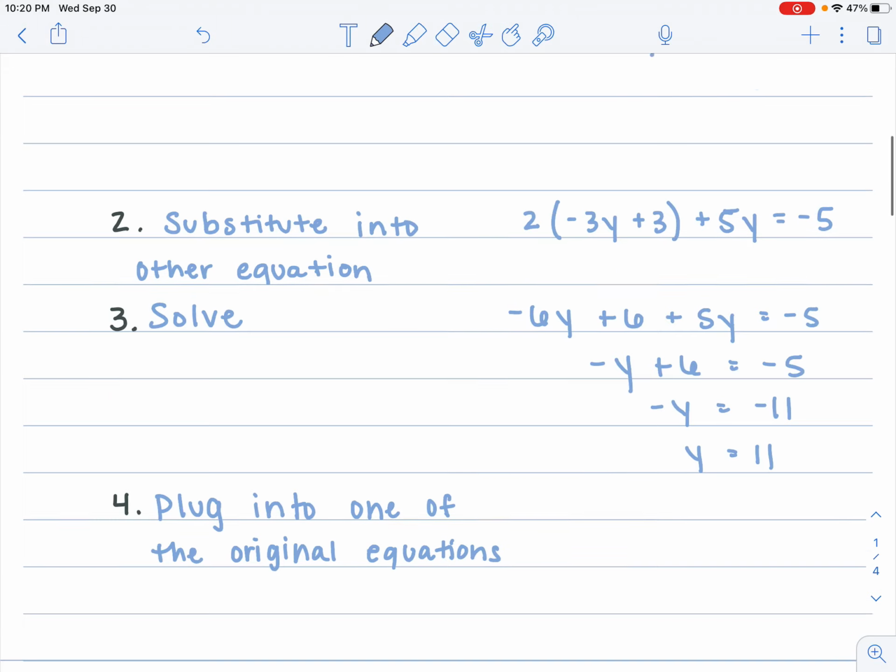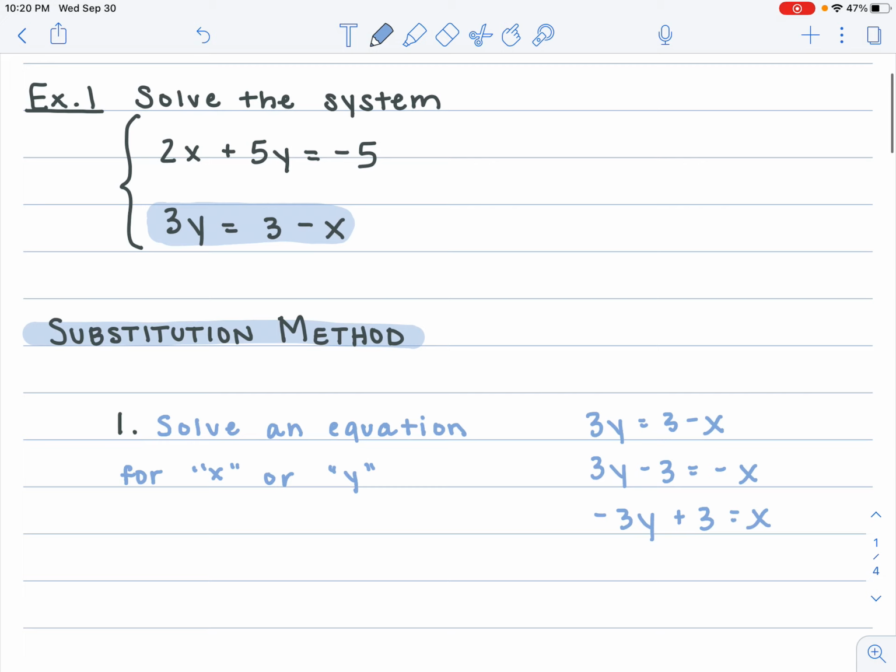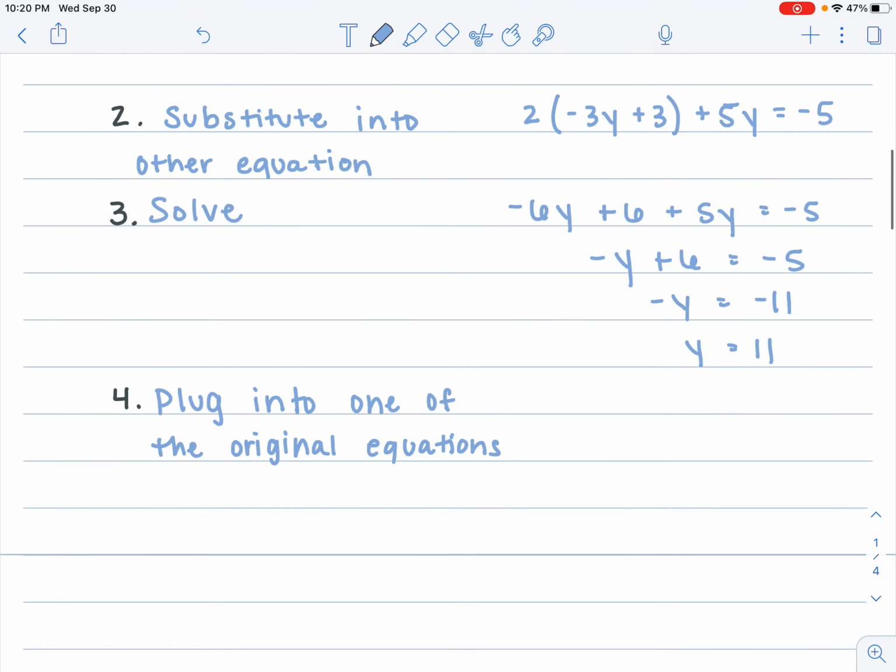It doesn't matter which one you want to do. They're going to get you the same result either way. So here are our original equations. I'm just going to pick the first one, 2x plus 5y equals negative 5. So I have 2x plus 5y, and we now know that y is 11, equals negative 5. 2x plus 55 equals negative 5.